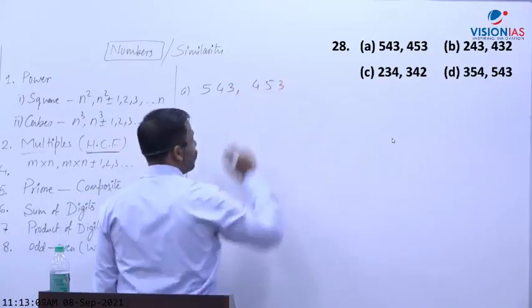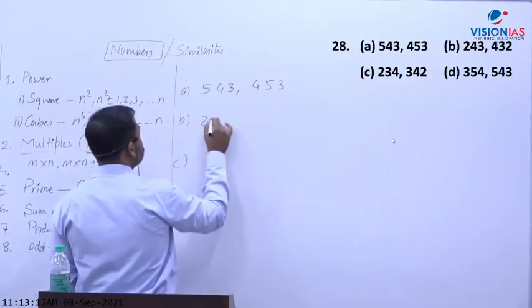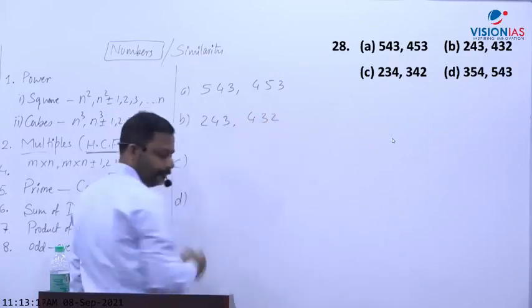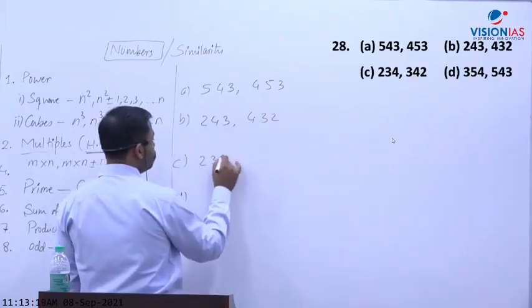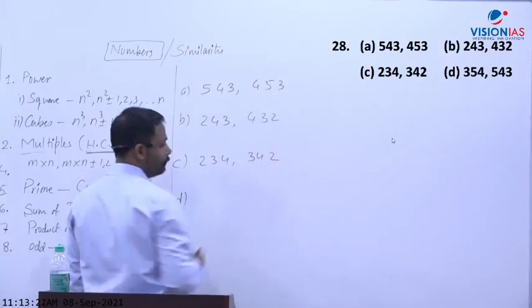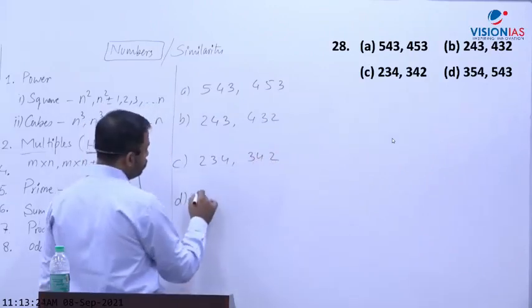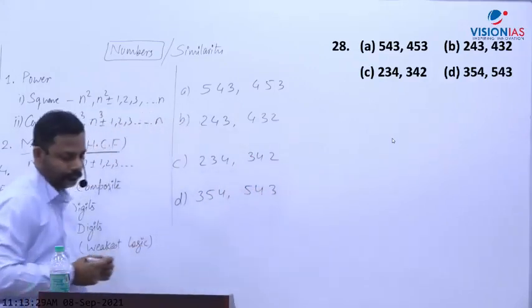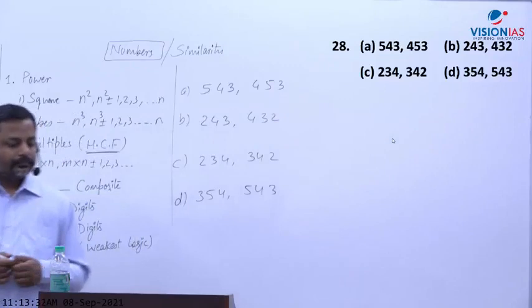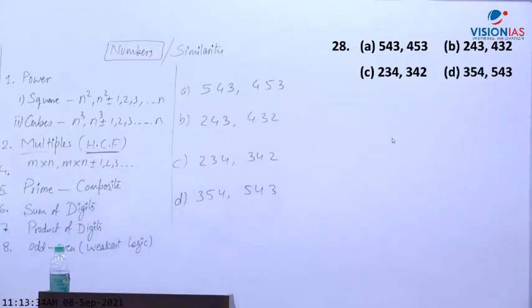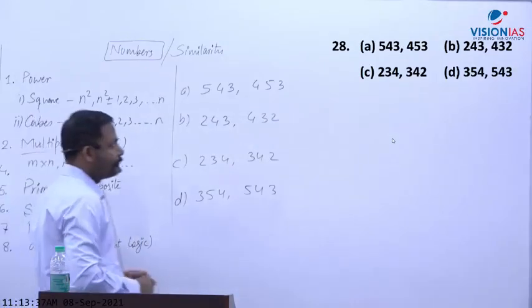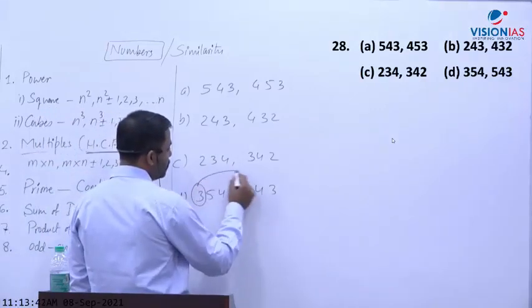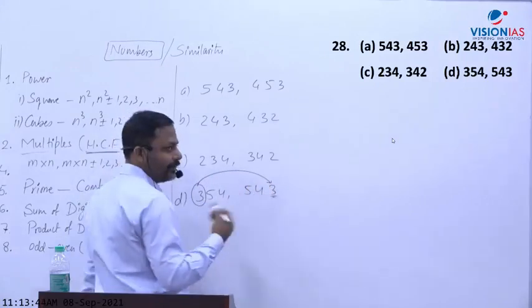453, yes, answer is option A. Because in the rest of the options, the first digit is moving to the last place of the second number.